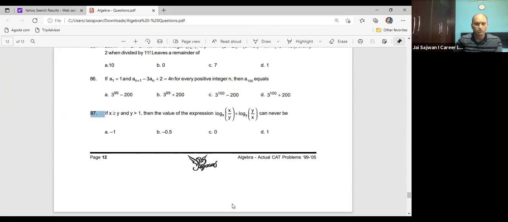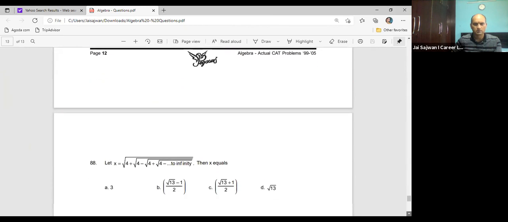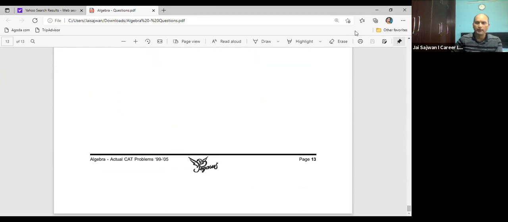Though it involves ratios and logs as well, I'm sure all of you can solve it. What is the value that it can never be? We did this in class. Did we discuss it in class? Yes. Okay, then leave it. Not required. Okay, almost all types of questions have been covered here.